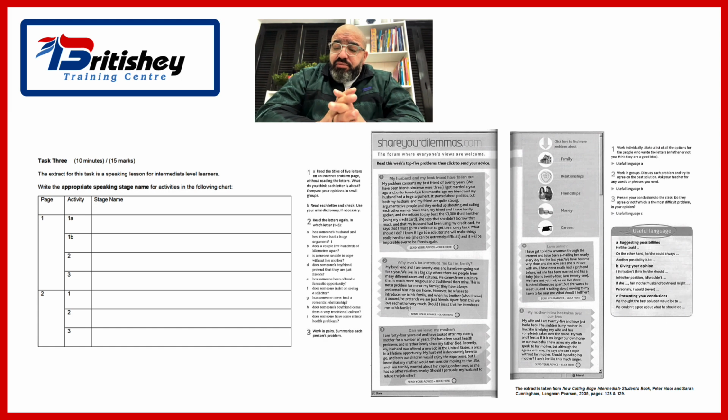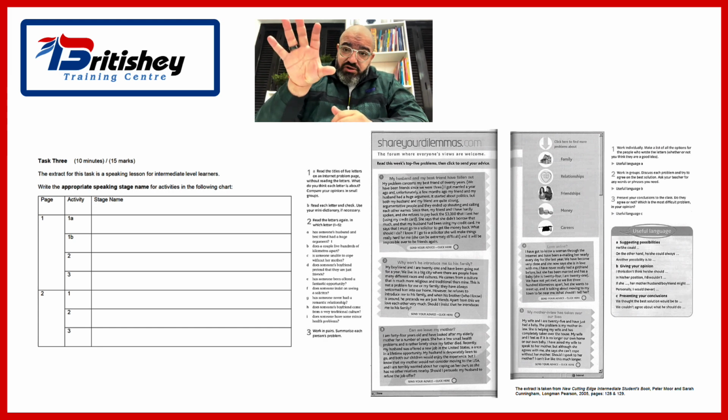For example, when we look at activity 1A, we might say that might be a leading in the speaking lesson, and all you need to do is to write in the chart you have there that 1A is part of leading, and there can be 2 activities under one stage, right? Or maybe 3 activities under one stage, right? So this is task number 3.